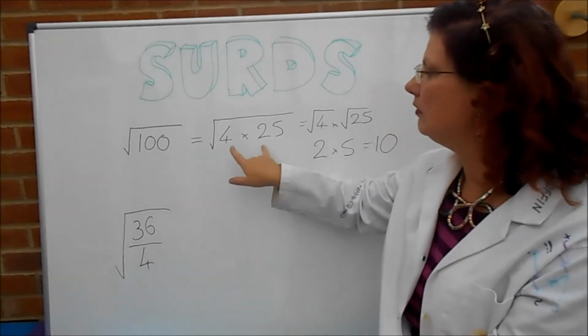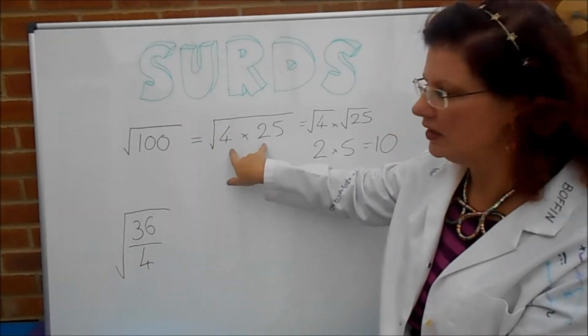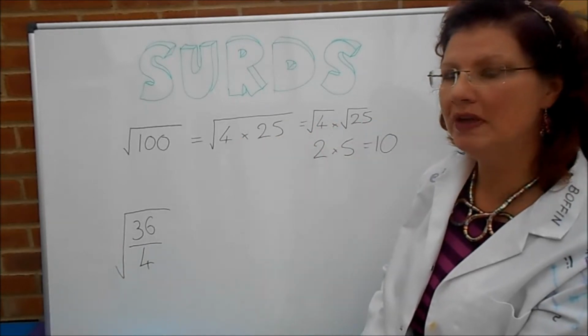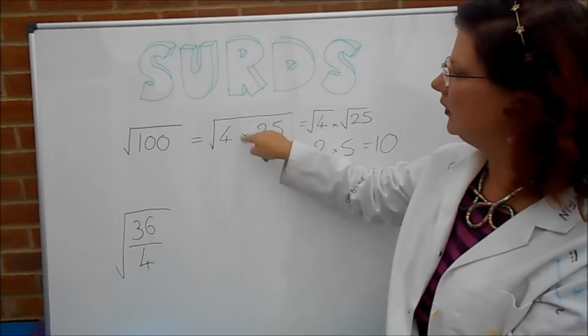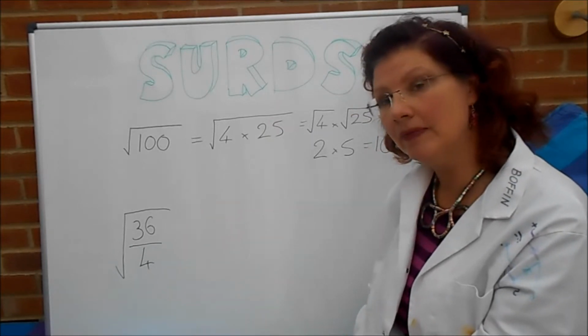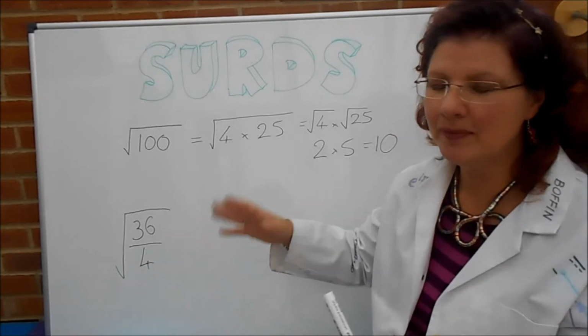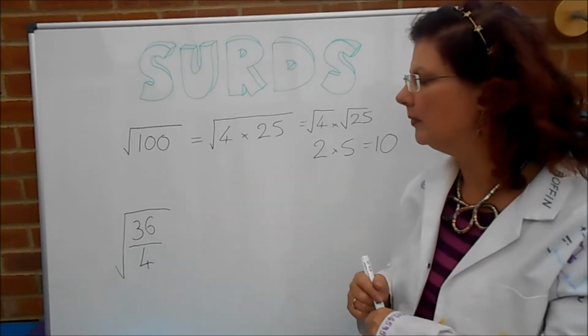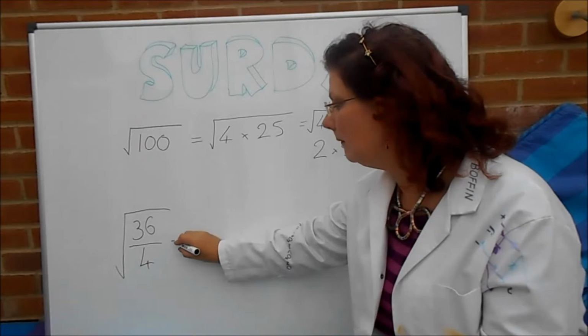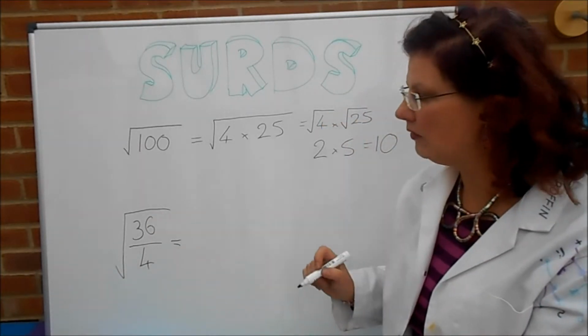Okay, we've shown it here with easy numbers. We split up the number under the square root into something convenient, and square root the two bits. So what we're doing is splitting this square root into two chunks. It works exactly the same with divides as well. I know we could do 36 divided by 4 and get it, but again I want to show you the principles. So I'm going to split up that divide and the square root.